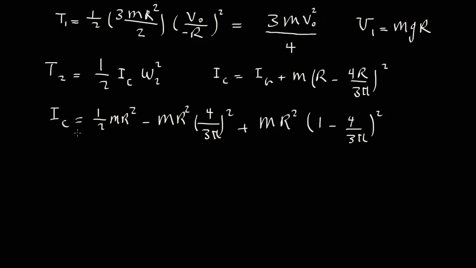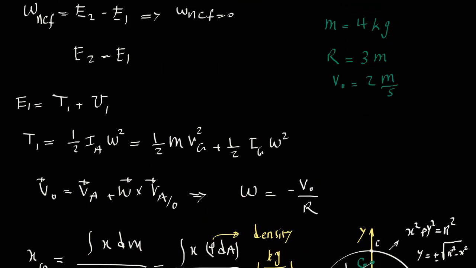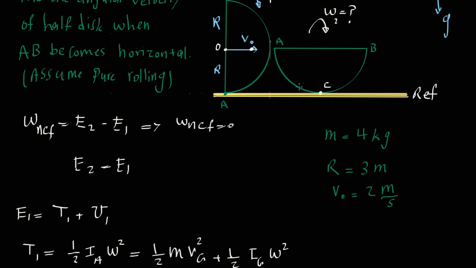And now that we have Ic, we can calculate the kinetic energy at position 2. So let's say that this is something that we can find. So that's for the kinetic energy, and now let's find the potential energy for U2. So U2 would be mg times h, which is measured between the center of mass and the reference line. So here I have to show this.